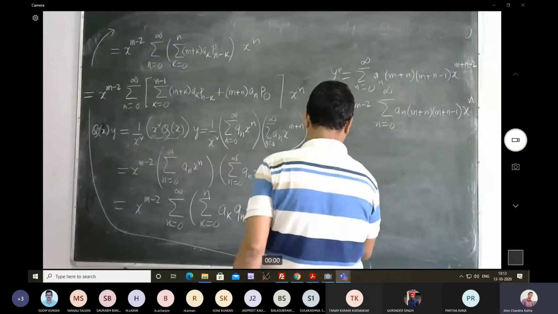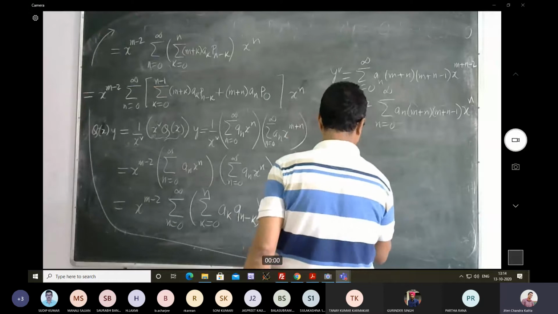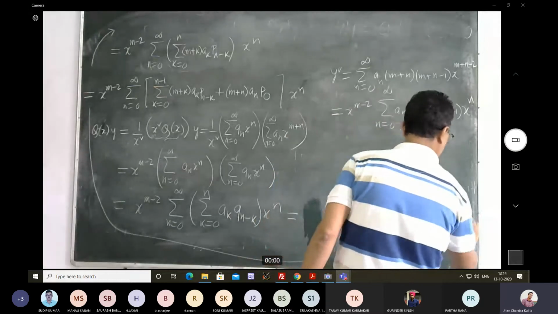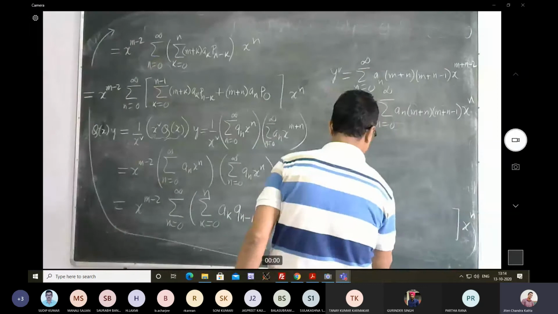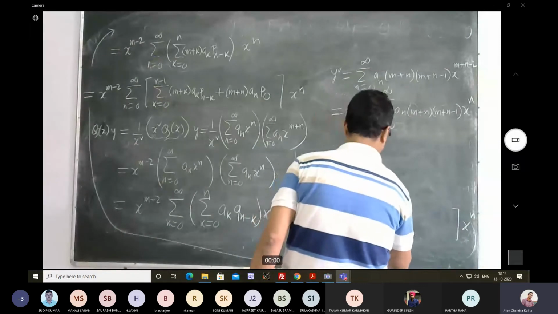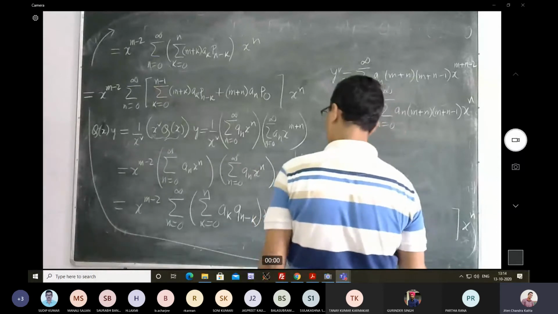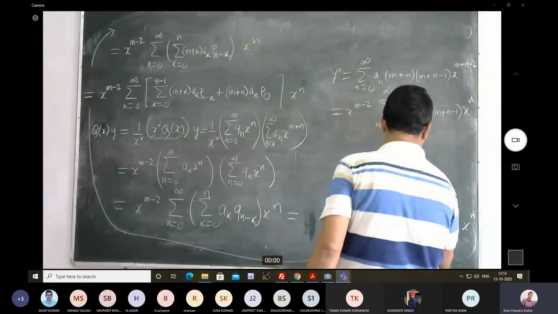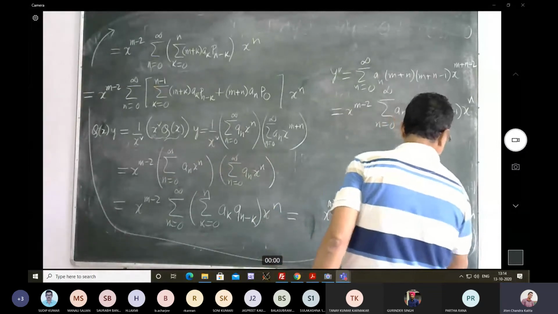x to the power n minus 2 and n equal to 0 to infinity. And then k equal to 0 to n minus 1, a_k q_{n minus k}, and this is pretty straightforward, plus a_n q_0.